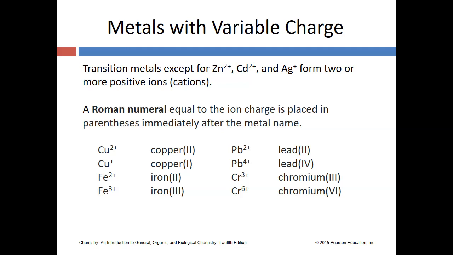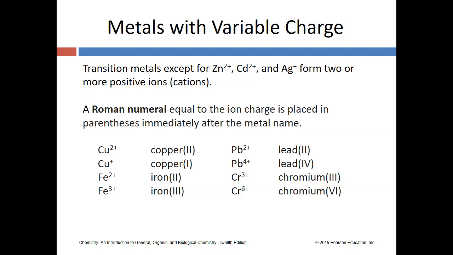To signify the difference between one charge of that metal and another, we're going to use a Roman numeral to showcase what charge is being used in that compound. So that comes up in the name and in the charge as well.